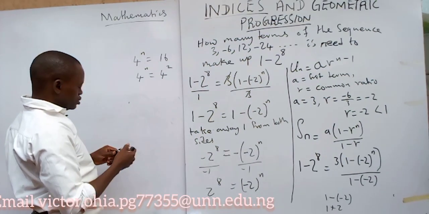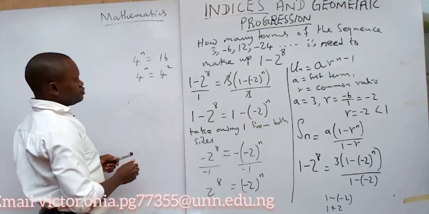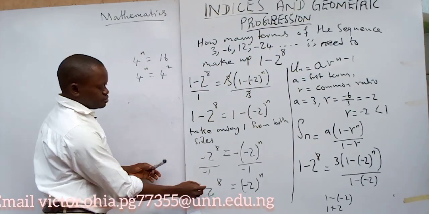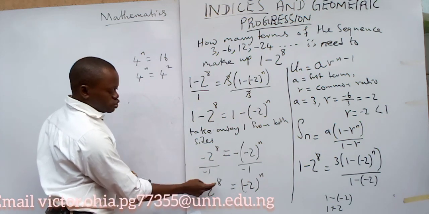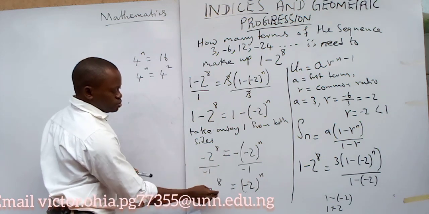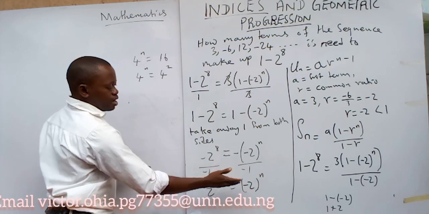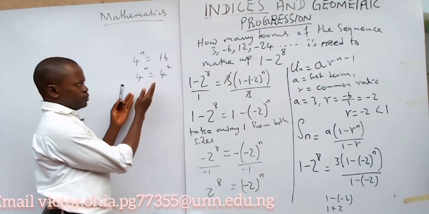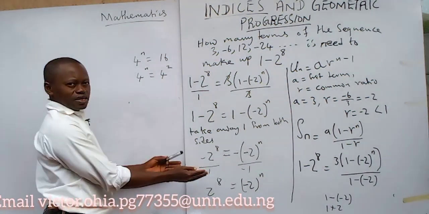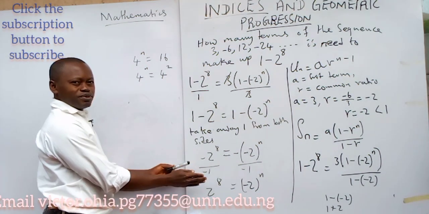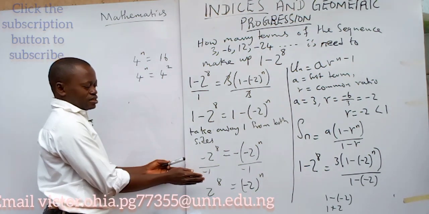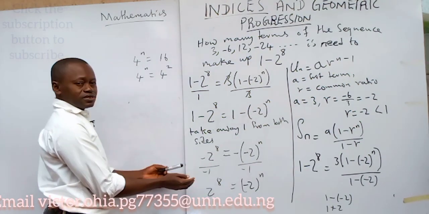That's how indices comes in. So if you have a problem like this, 2 raised to power 8 equals minus 2 raised to power n, how can you apply this knowledge and make a logical conclusion out of this?